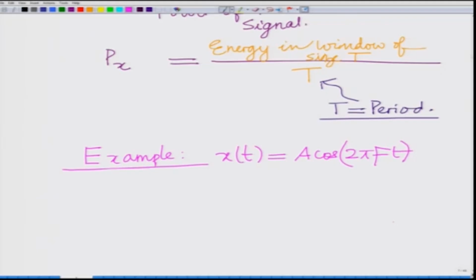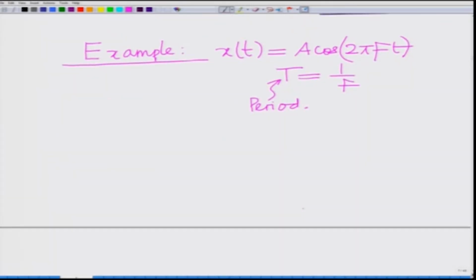Let us consider this periodic. It is a cosine signal with amplitude A, phase phi equal to 0. We said a cosine signal is also a sinusoid, and more importantly we know the period. This is the period capital T, which is equal to 1 over f.